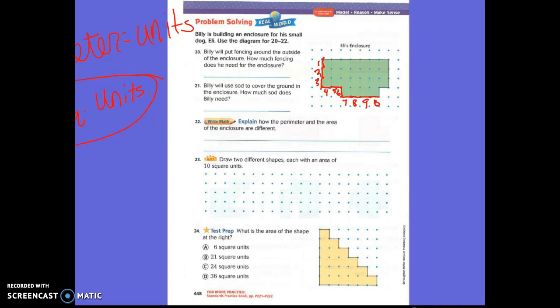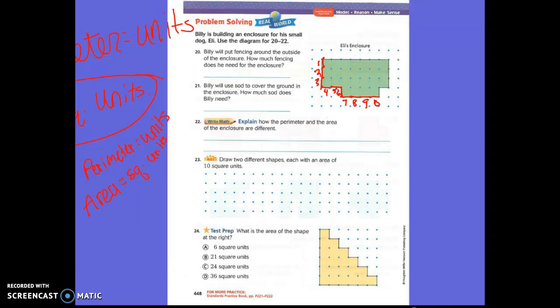If you see my little writing up here, I wrote perimeter. When you're finding perimeter and there are no units like inches or centimeters or feet, you just write units as your label. However, area is always square units. Now, 22. Explain how the perimeter and the area of the enclosure are different.